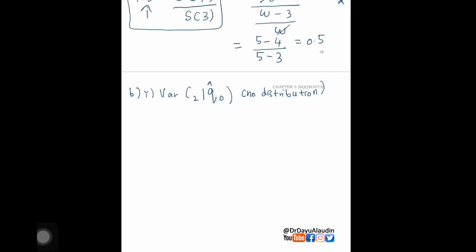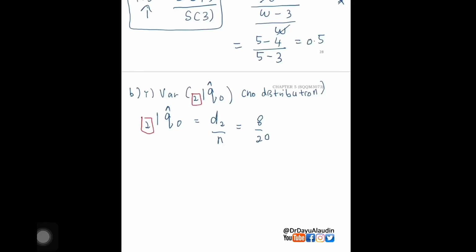This time you have to use equation 5.13. Just straight away take d(t), t equal to 2, so d2 over n. For conditional probability, remember, straight away we take n.